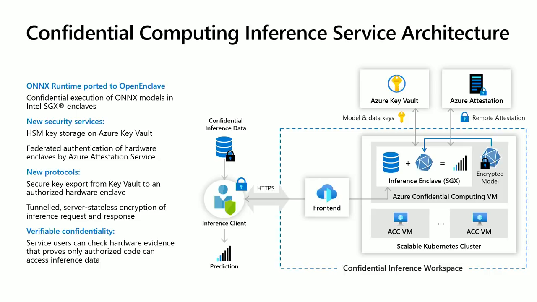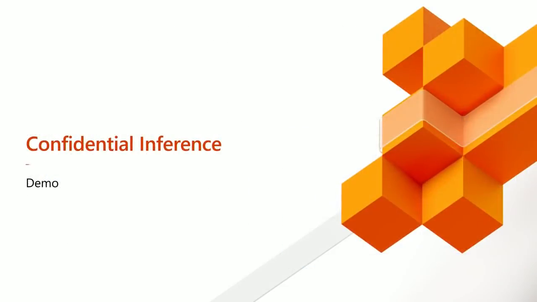Once it establishes verification through an attestation service that this is an enclave running on Intel SGX hardware, that it's running in an Azure data center, that it's running the inference model that they trust, they release confidentially their query to it and then get back encrypted results, and nobody else around that has any access or insight into what they're doing. So let's go take a look at that in action.